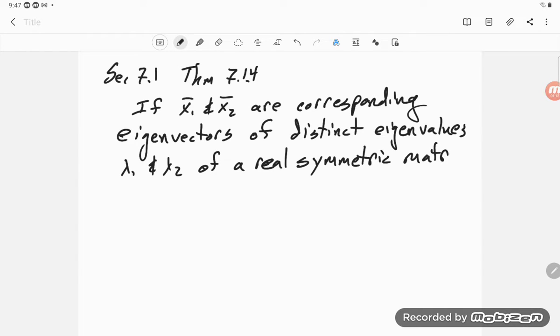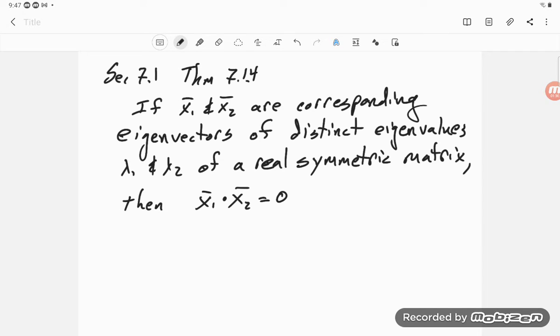So it has to be real valued entries and the matrix needs to be symmetric. Then x1 dot x2 is equal to 0, or in other words, they are orthogonal vectors.